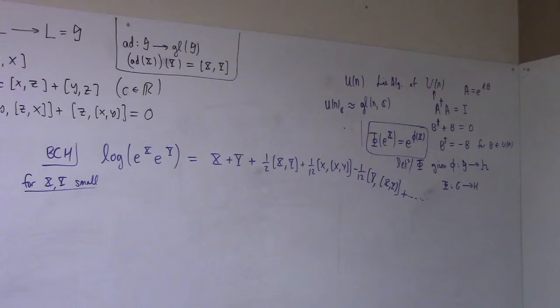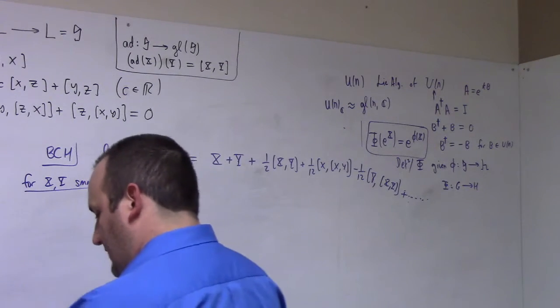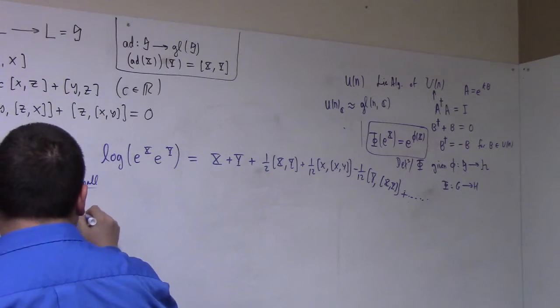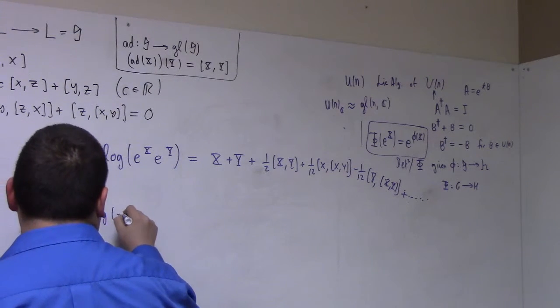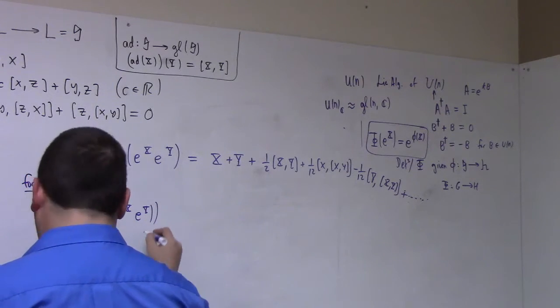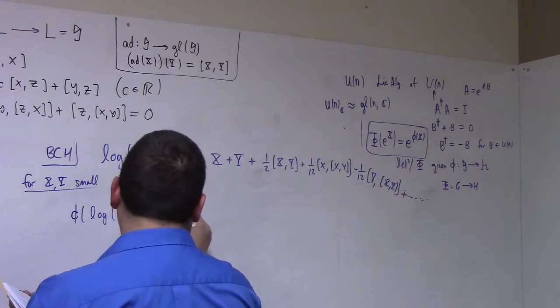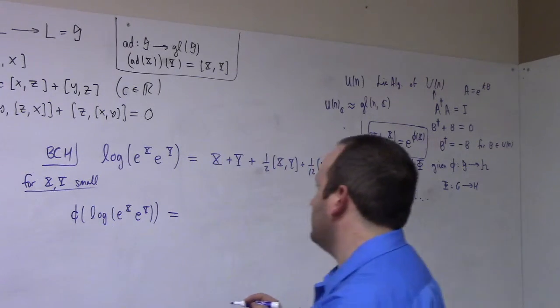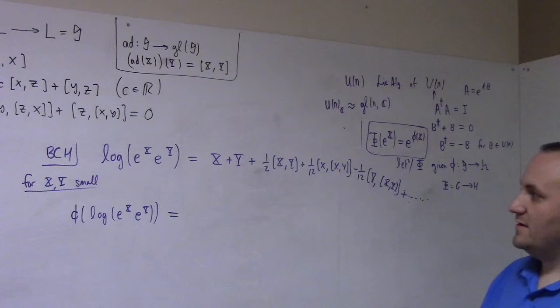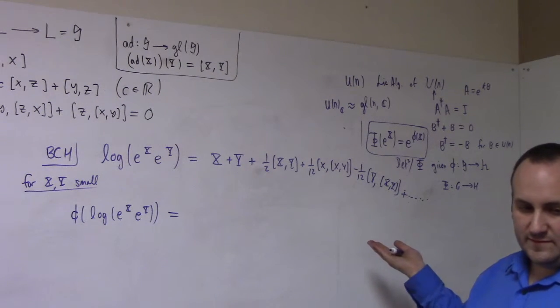All right, so what happens if you look at phi of log of e to the x, e to the y? These are the Lie algebra elements. This is a Lie algebra homomorphism.